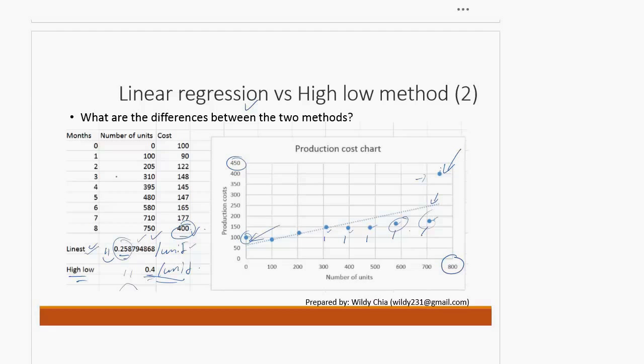Now the linear regression method looks so different because it takes into consideration all these other points here in determining the cost per unit. So you notice that the cost per unit for linear regression is significantly lower compared with high-low. Linear regression tells you 25.87 cents per unit, whereas the high-low method gives you 40 cents. Significantly different.